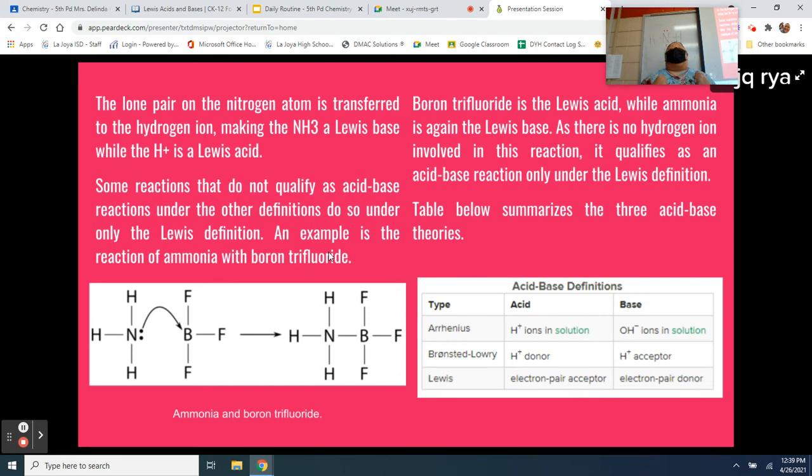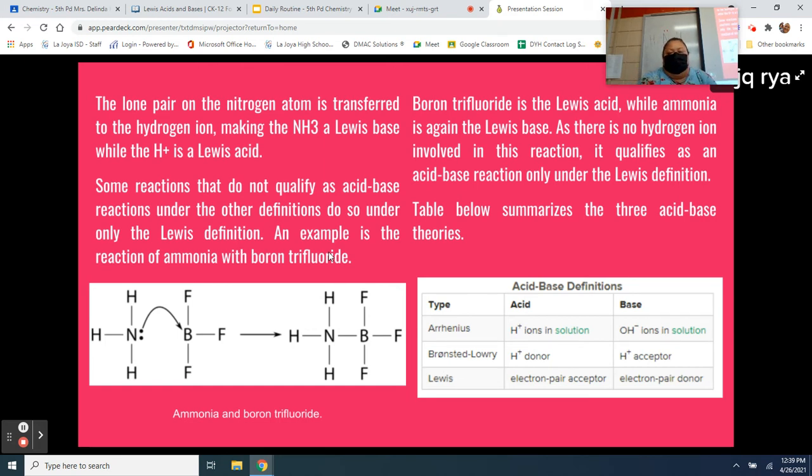Accepting, adding those electrons to it, right? Very good. Yes, BF3 is my acid because he's accepting those electrons. NH3 is my Lewis base because he's donating. He's giving away those electrons so that we can both be happy, right? To form that covalent bond and the sharing of electrons.